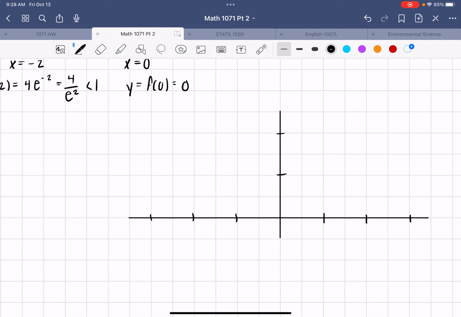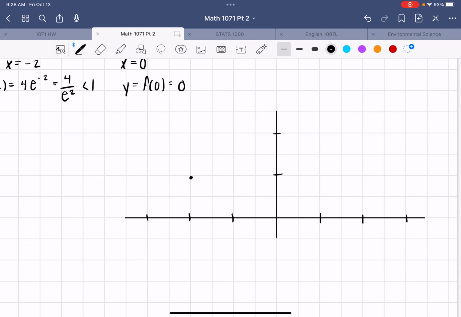So 2 critical points give me 3 intervals over which I'm going to test the first derivative at one point to conclude something about the shape.